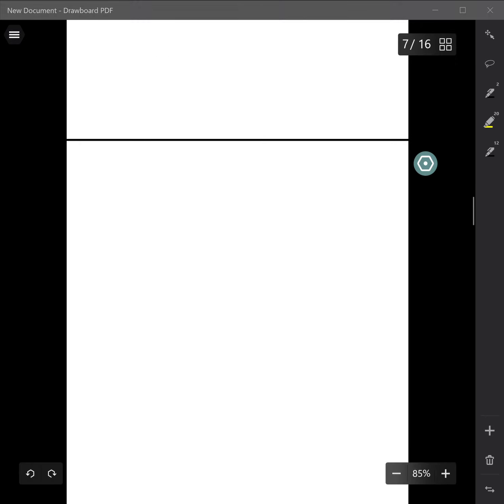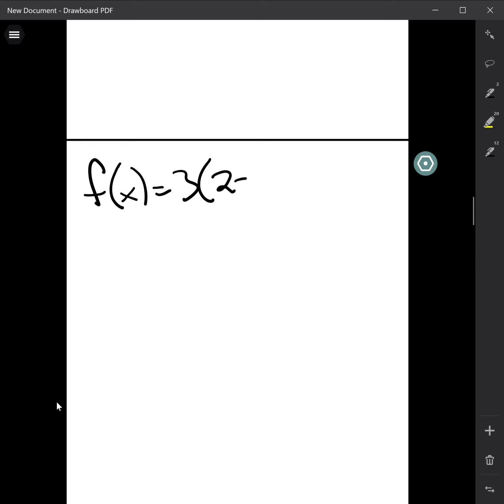Now let's do some examples. First off, let's take f of x equals 3 times 2 minus x cubed, all cubed, going straight from the PowerPoint here if you want to follow along.